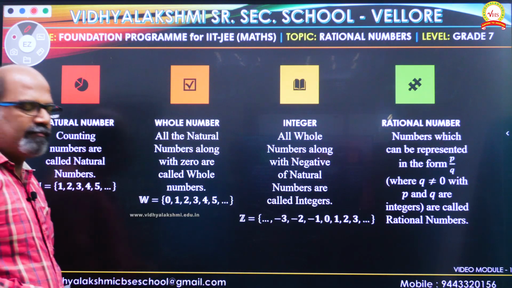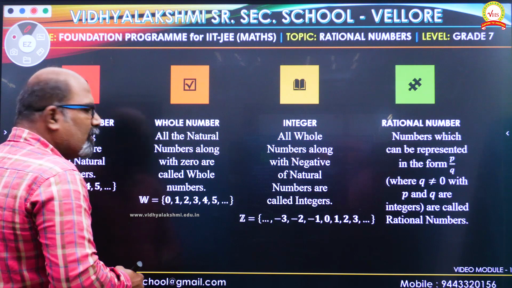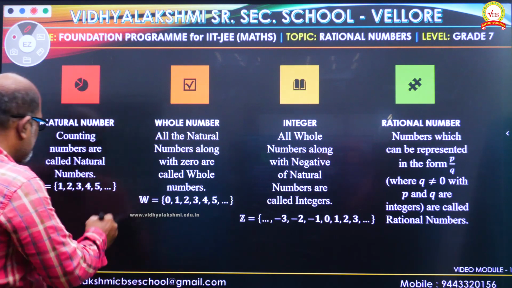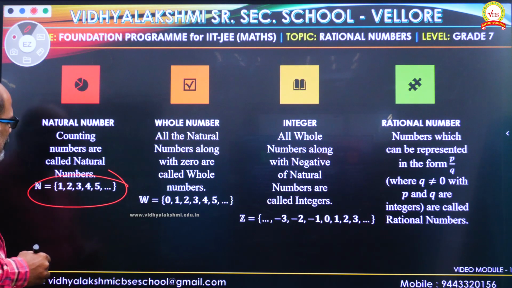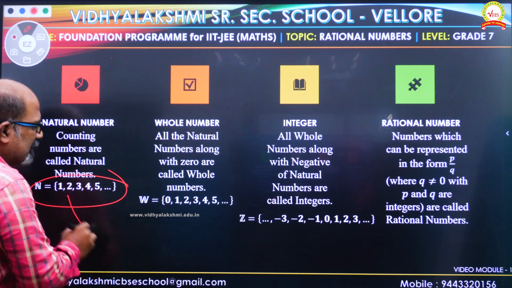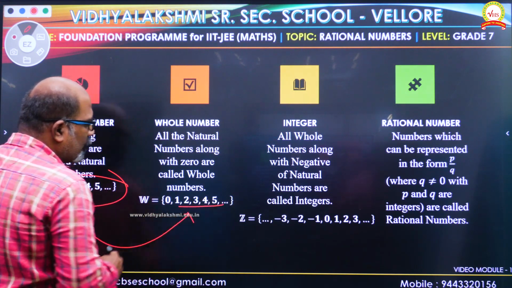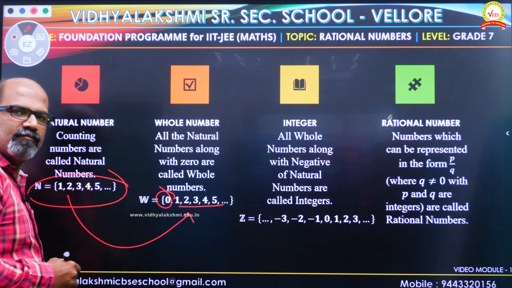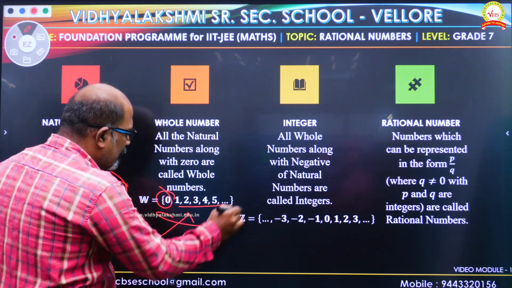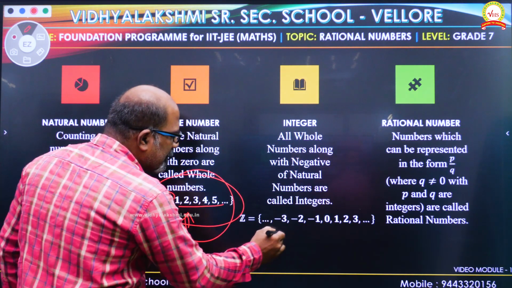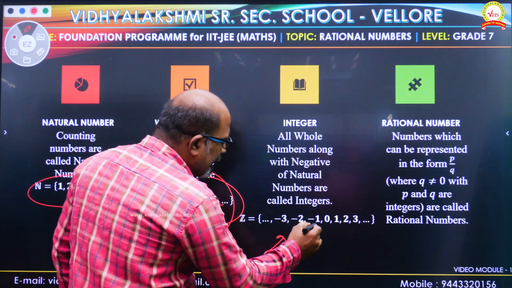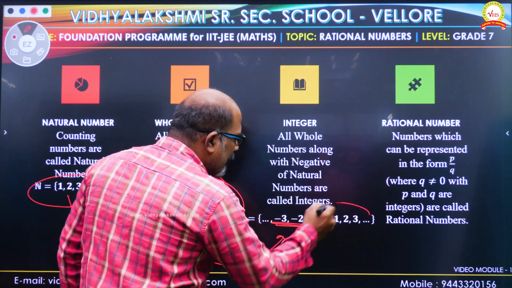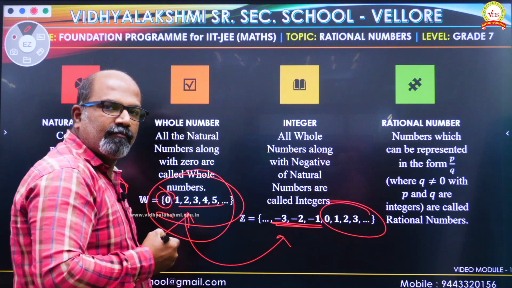You can see here the natural numbers starting from 1, 2, 3, 4, 5. All these natural numbers are included in the set of whole numbers. Additionally 0 is there. And all these whole numbers are included in the set of integers, and additionally negative numbers are there apart from the whole numbers.